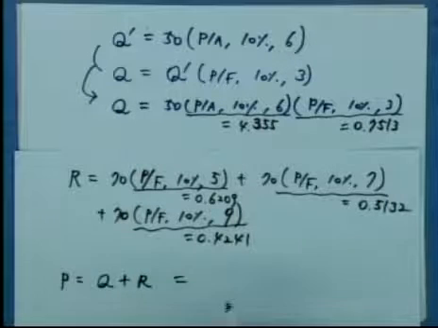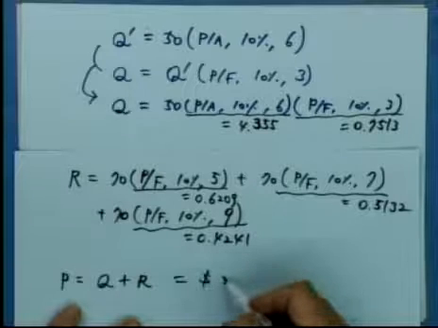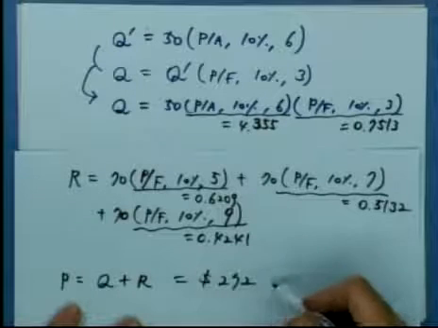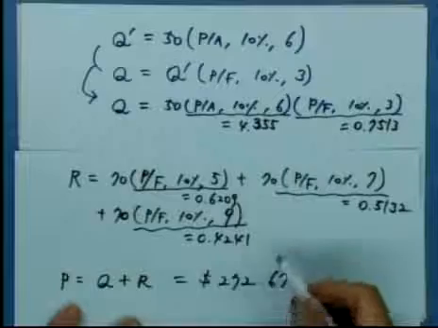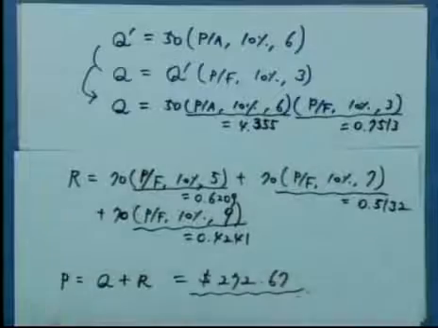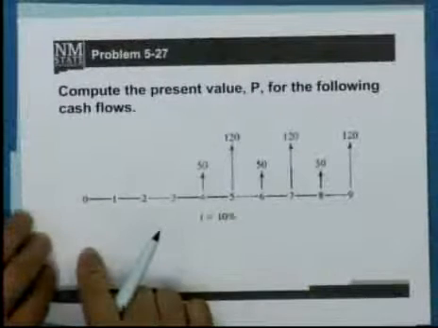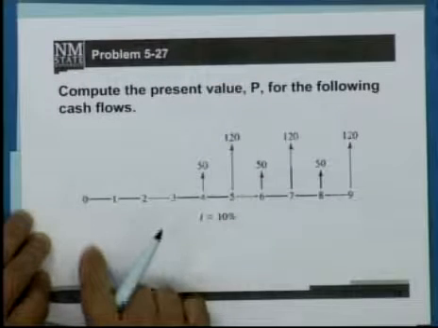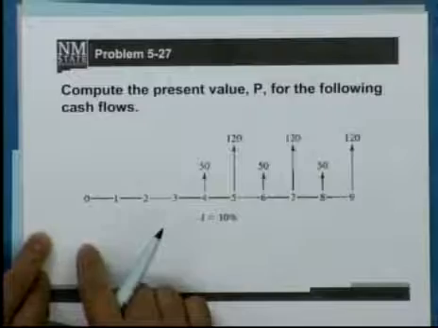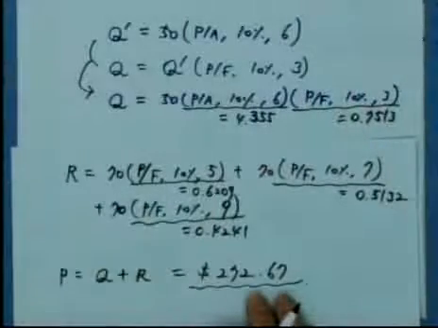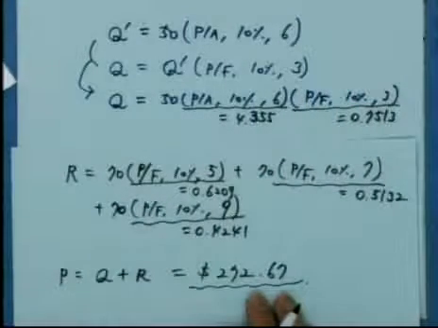Okay, that is $272.67. Okay, that is the present value of P at the end of time period 0. Okay, $272.67.